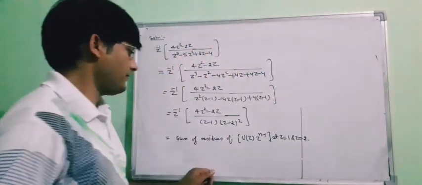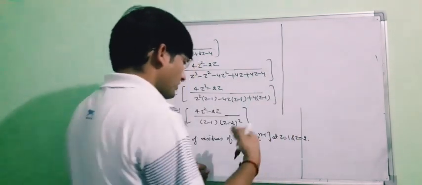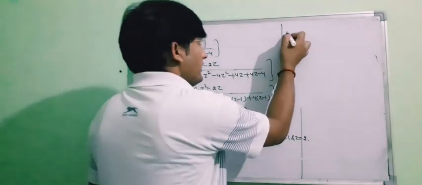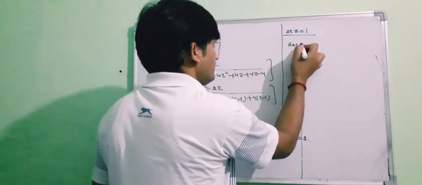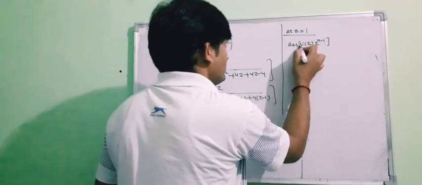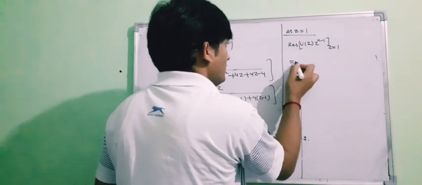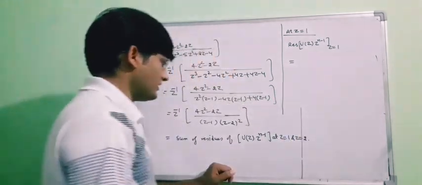So now let us find out the residue at z equal to 1. At z equal to 1, your residue of U(z) into z^(n-1) will be, multiply the function by (z minus 1).